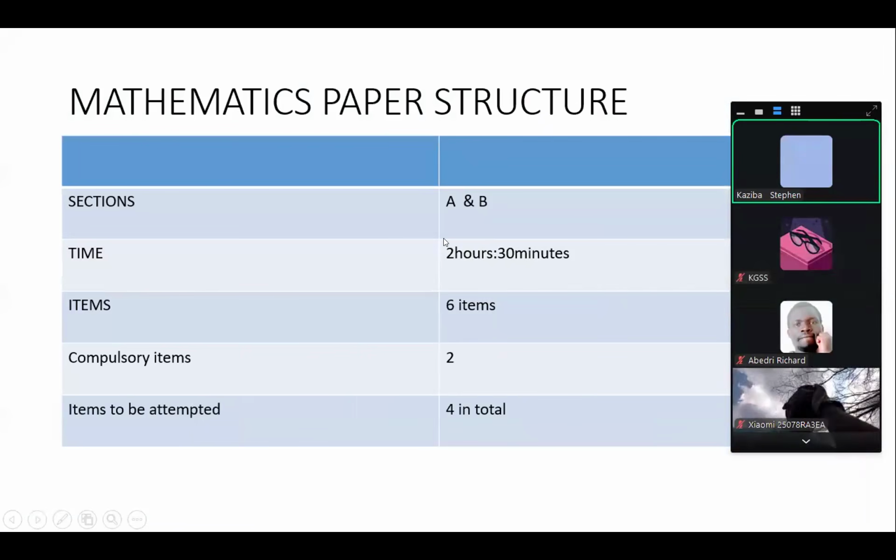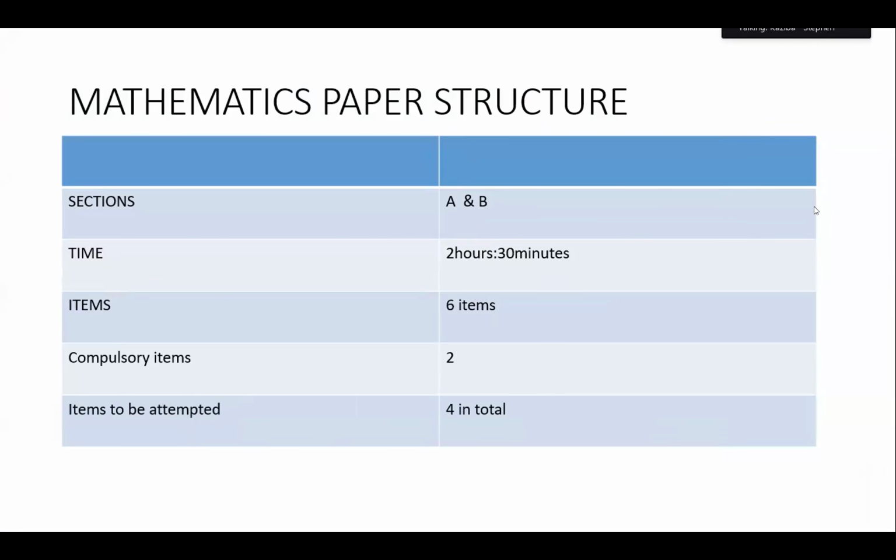Now, submath as a paper, we shall have two sections in that paper, section A and section B, and the paper will take 2 hours and 30 minutes. The paper has 6 items in total. When you combine section A and section B, we shall have 6 items in total.